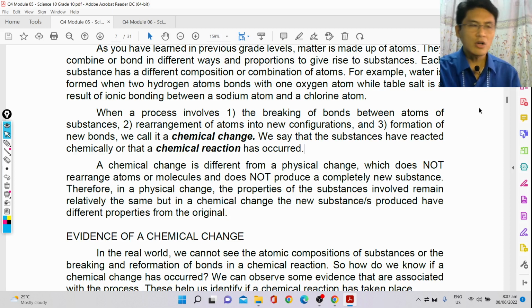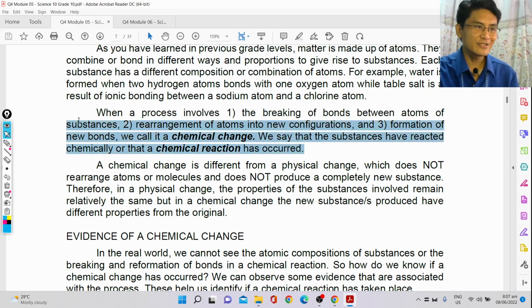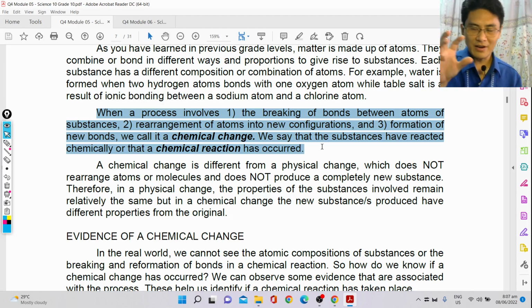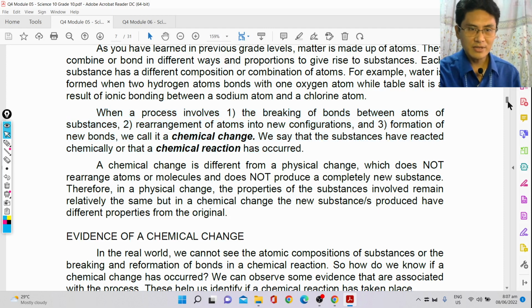Okay, so the problem with this definition is this is very subatomic, or at a very in-depth zoom. Sir, I don't have eyes that can see if the bonds of the materials that I'm dealing with are actually breaking and forming into new substances, right? So, yes, understandably, that is the case.